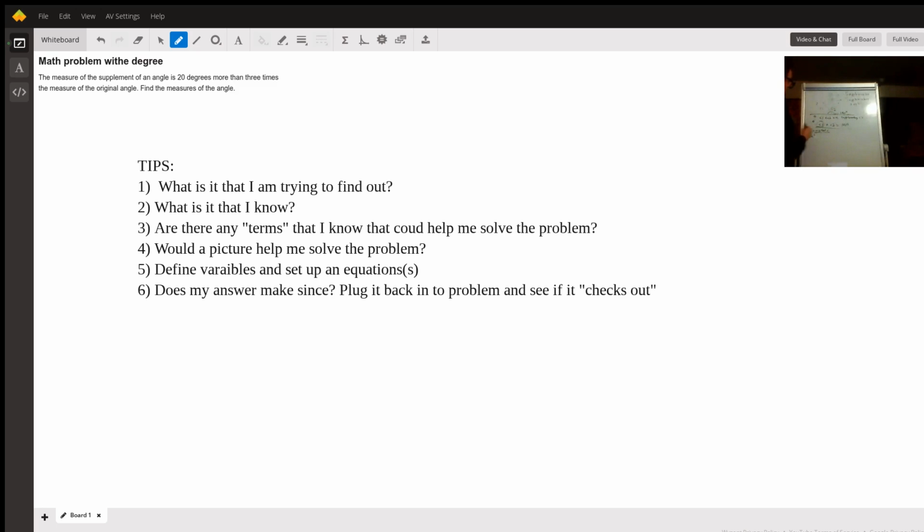So that's going to be the supplement to this original angle. Now I can try to put this into an algebraic expression.